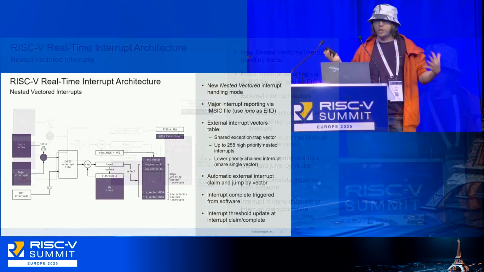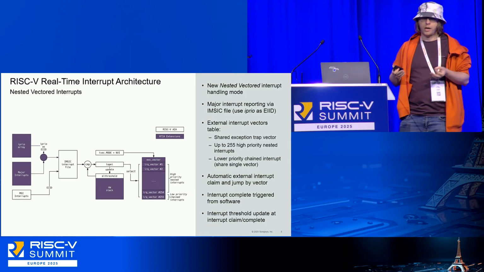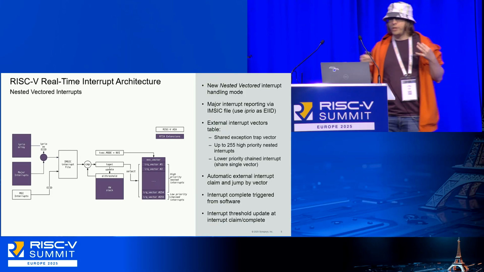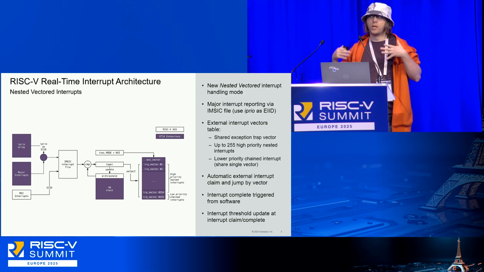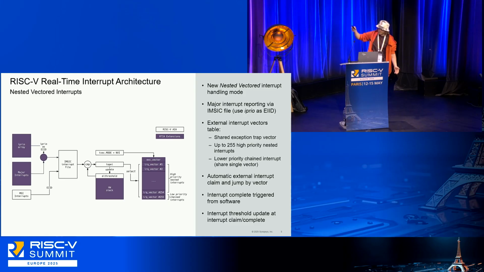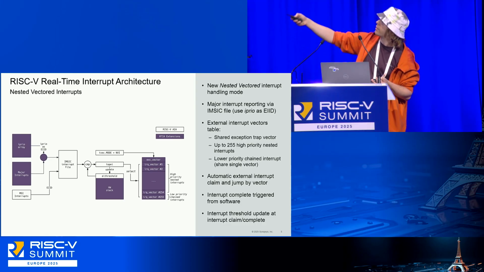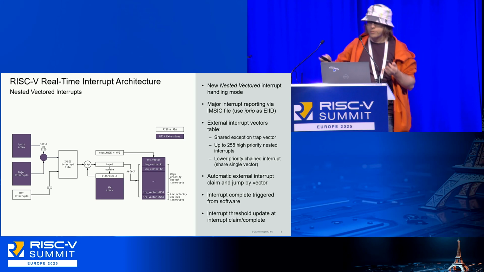Advanced Interrupt Architecture already defines configurable interrupt priorities for major interrupts via the IPRIO array. So we just use them as the external interrupt identity when reporting to the IMSIC, again here. And that simplifies things a lot. We have a single place for interrupt arbitration, which is the IMSIC.